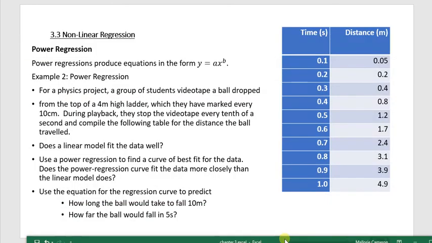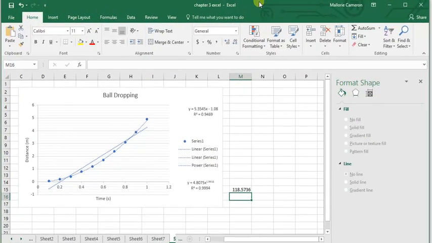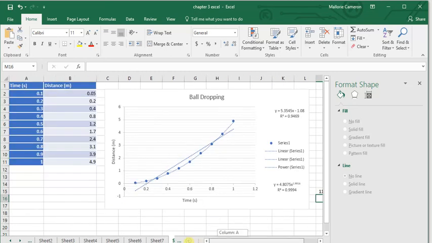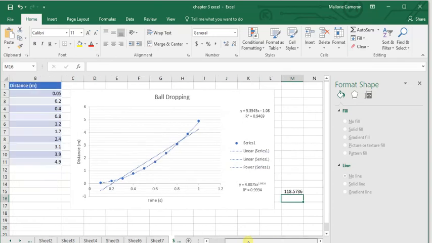How far would it travel in 5 seconds? It would travel 118 meters. And I believe that's it. Distance in meters, time in seconds. That's it.